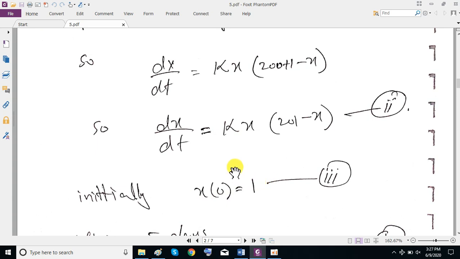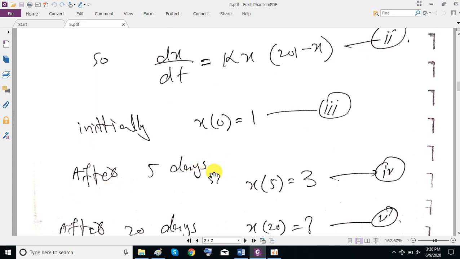It is not necessary that only one infected person enters the community. Maybe 2 or 3 or 4 people who are already infected enter the community, then the condition will become x0 equal to 2, and so on.